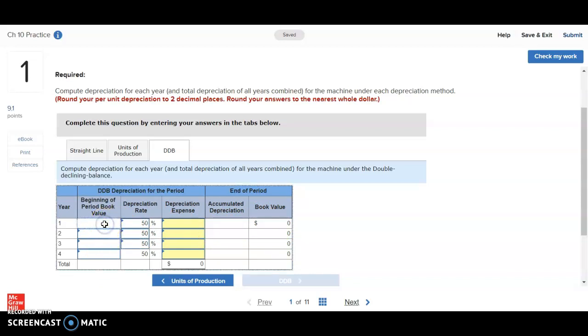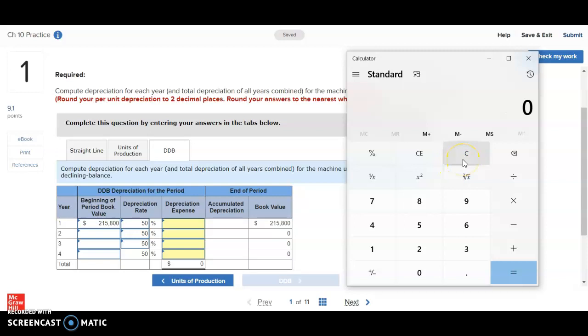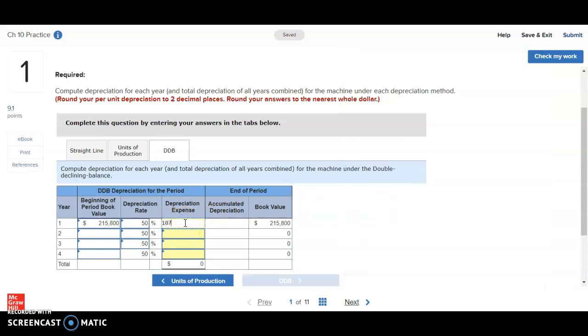So we're going to start with our beginning cost, which is $215,800. That is our beginning period book value. Then we multiply times that 50% rate, and that gives us our depreciation expense. So $215,800 times 0.50 gives us $107,900. That's how much we are depreciating in year 1.